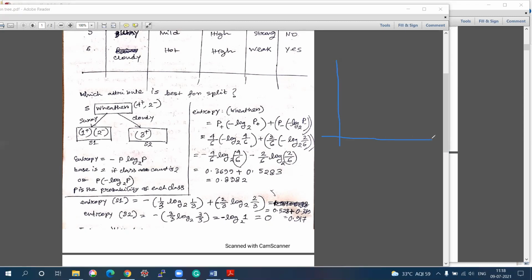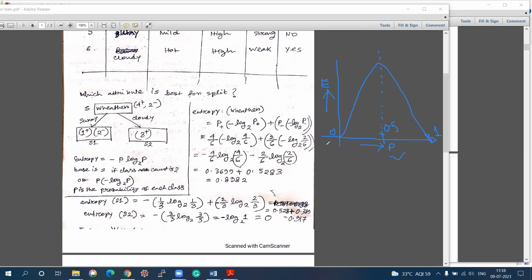If this is our graph, and suppose this is the probability value 0.5, and this is suppose probability value 0, and this is suppose probability value 1, then the entropy, suppose we are denoting entropy on the y-axis, that means the measure of the uncertainty, then our plot will be something like a bell shape, where the probability is 0.5, entropy is highest.